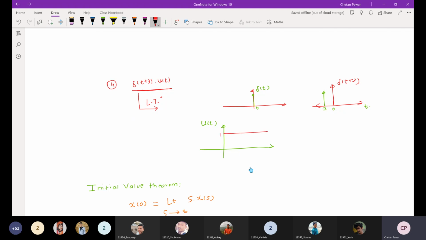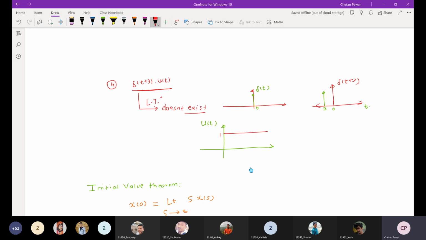Okay, and if you multiply these two signals, what will happen? There is no signal that exists, right? Okay, so the Laplace transform of this particular signal doesn't exist.